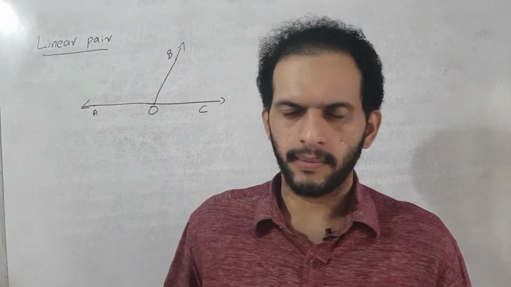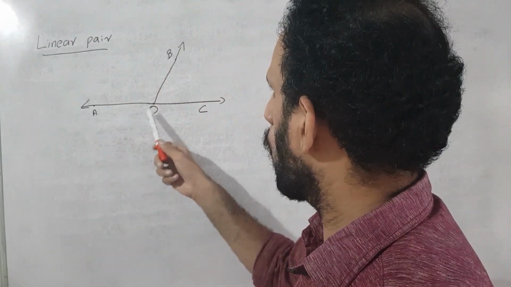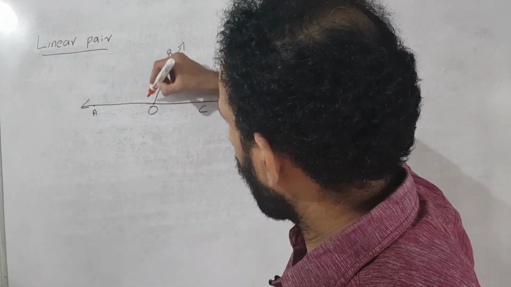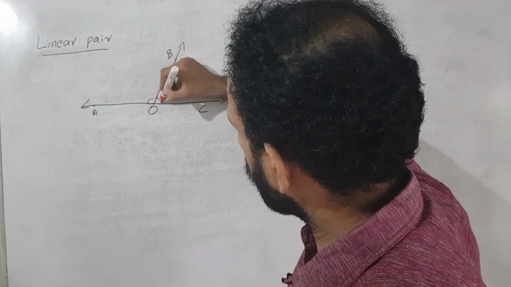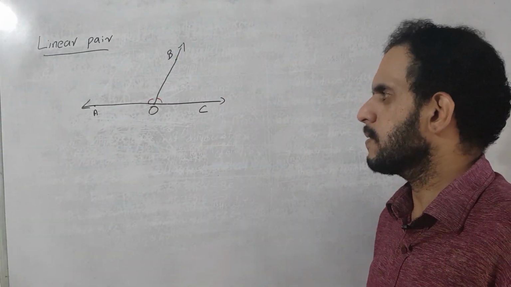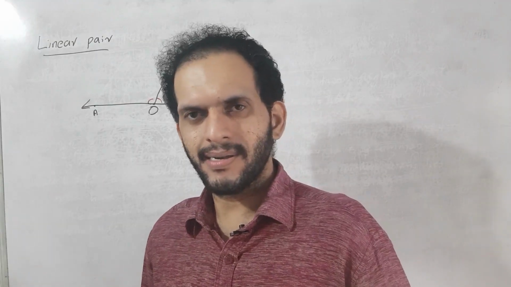Okay, the next angle is a linear pair. Here we have the angles, angle AOB and BOC. Angle AOB and BOC are adjacent angles.